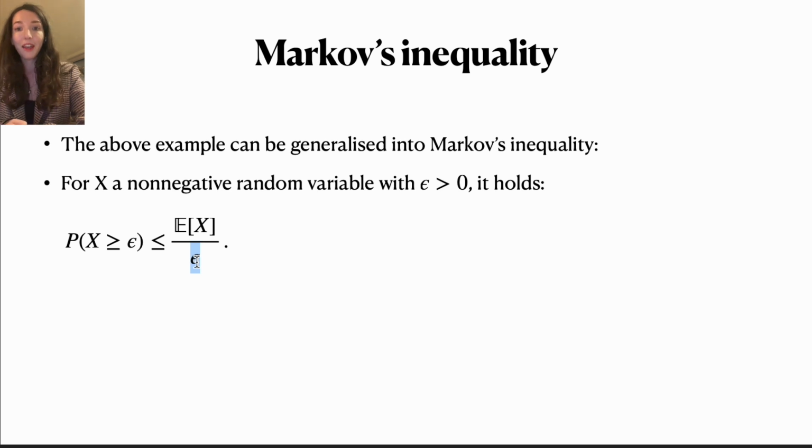So how does this relate to the previous example? If I told you that the expected value of x is 50, and we chose epsilon to be 100 calories, then indeed 50 divided by 100 would be 1/2, which is what we had before.